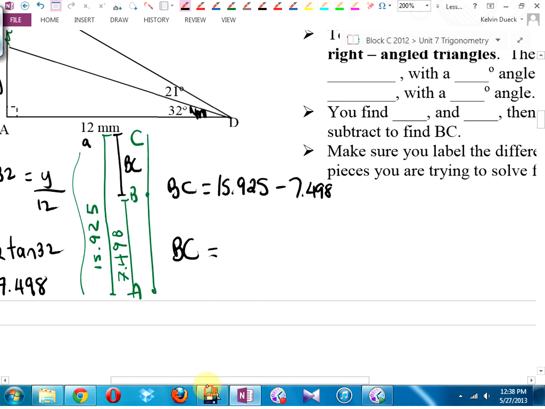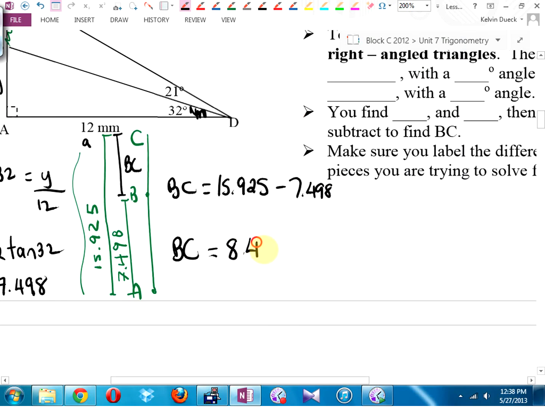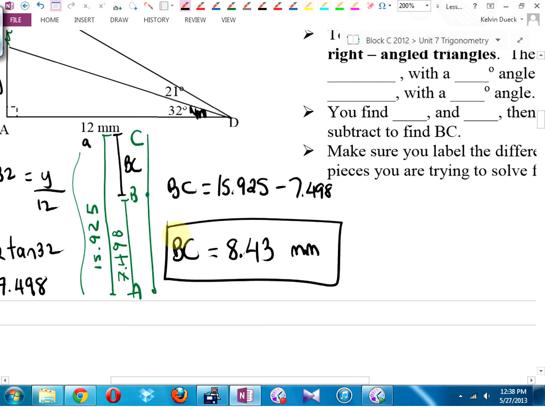BC equals 15.925 take away my last answer, which is stored on my calculator. 8.43 millimeters.